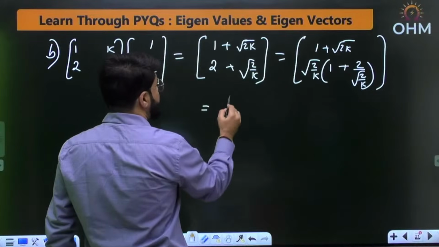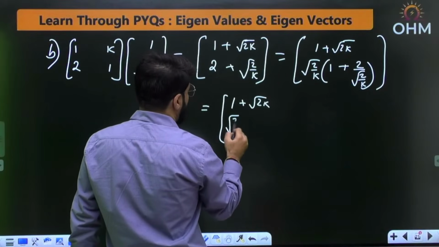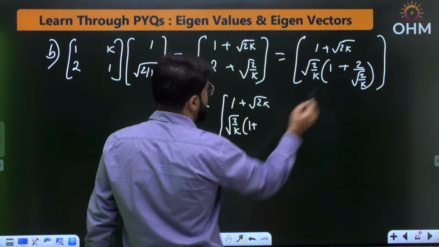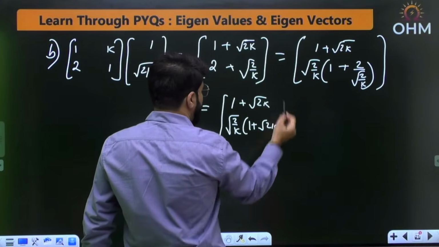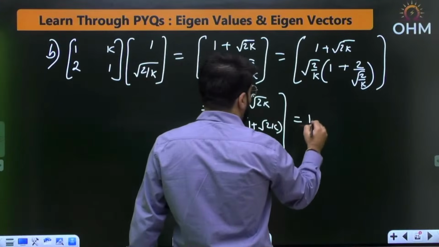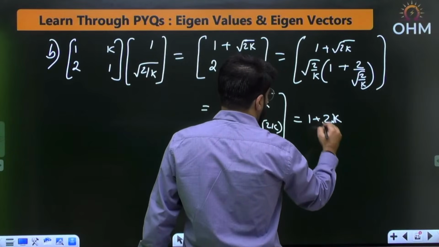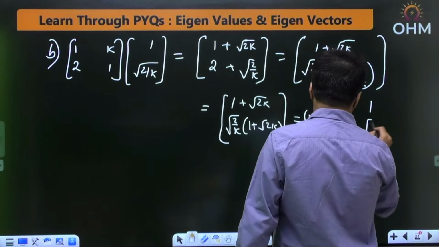Now this is equal to how much? 1 plus root 2k, and then root over 2 by k, 1 plus k goes above, 2 by root 2 will be root 2. So now I am able to take 1 plus root 2k common. This is equal to 1 plus root 2k common, 1 over root 2k, and root 2 by k.